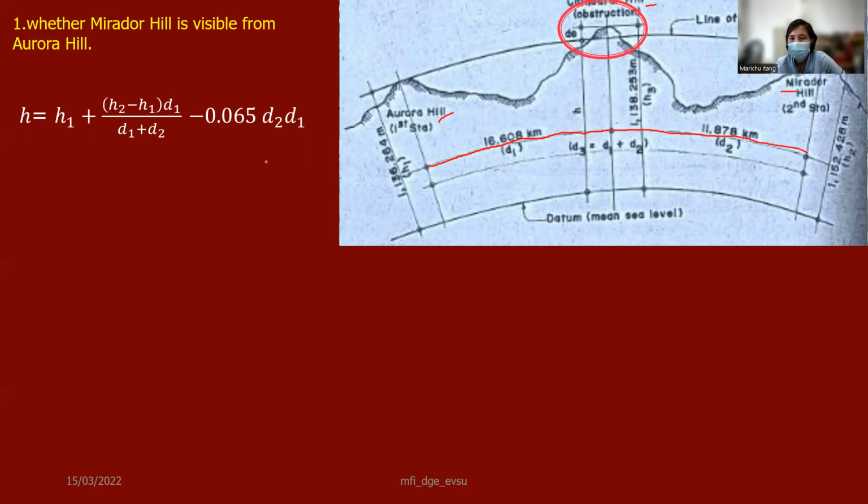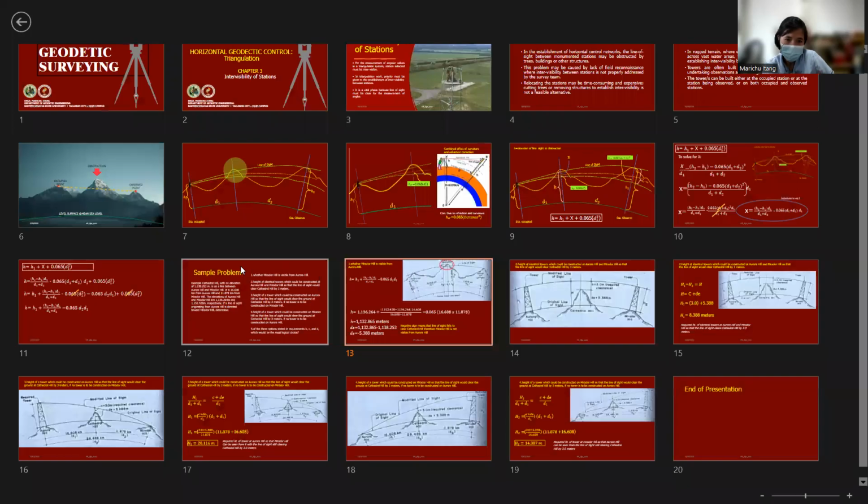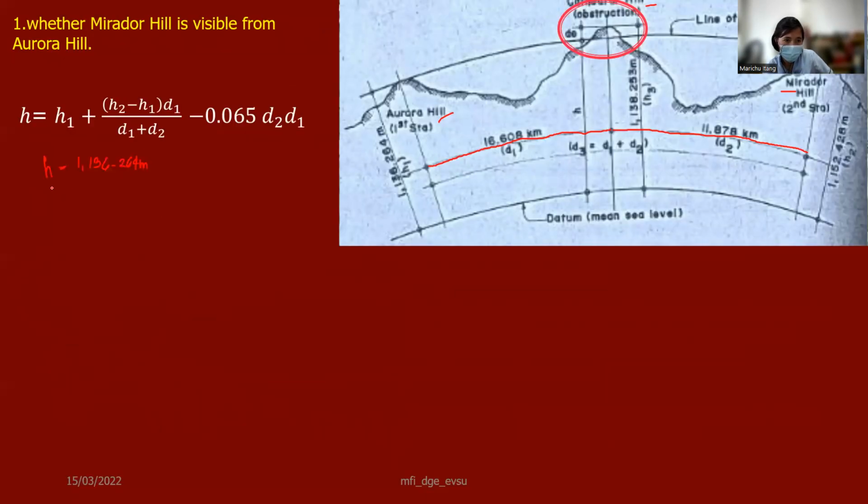So since given naman yung ating lahat, we have the value of H1, which is equivalent to 1,136.264 meters. And then yung ating H2, which is equivalent to 1,152.428 meters.